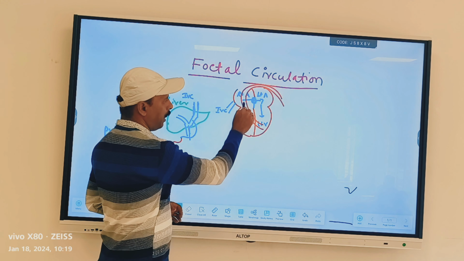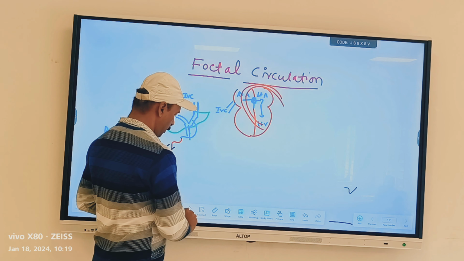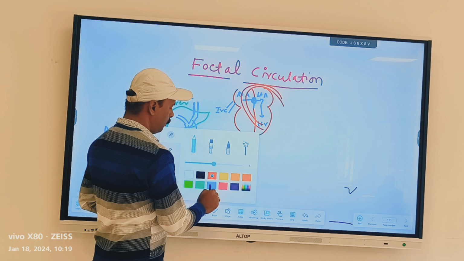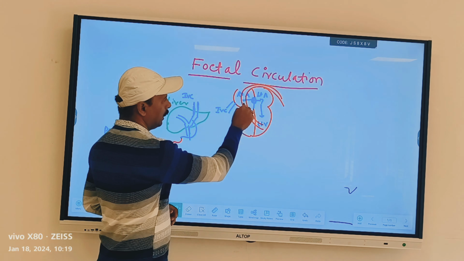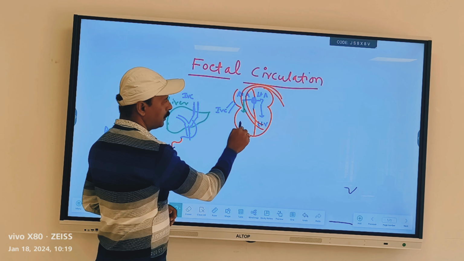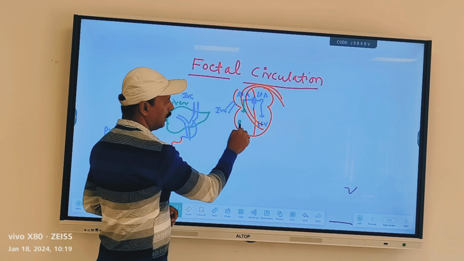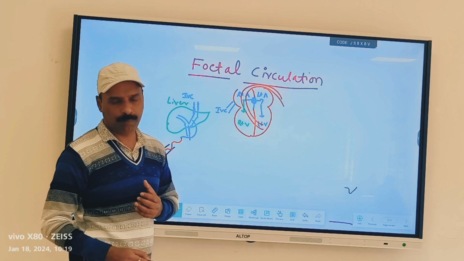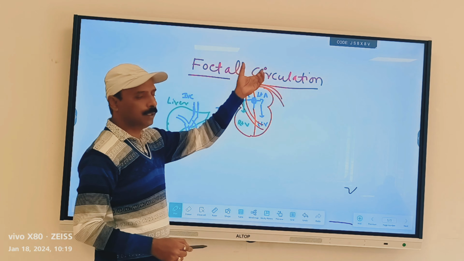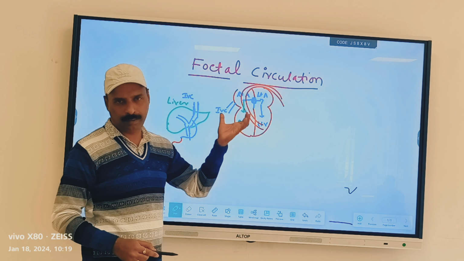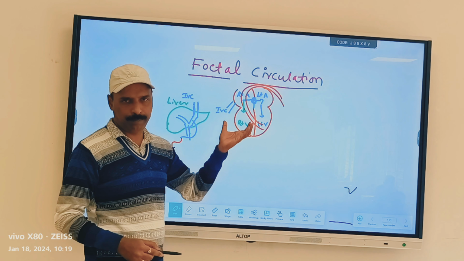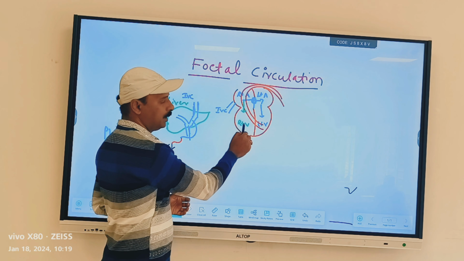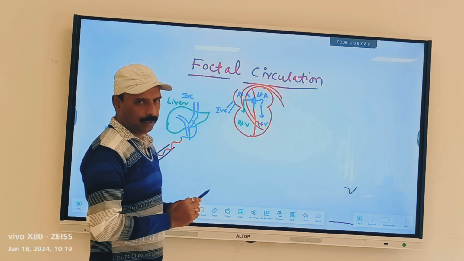But some part of the blood reaching the right atrium comes to the right ventricle. Only a small percentage, because 80% goes the other way, so hardly 15 to 20% of the blood reaches the right ventricle.